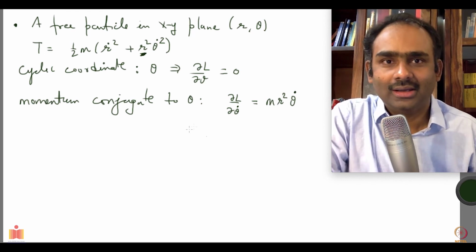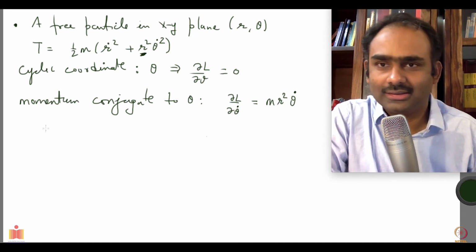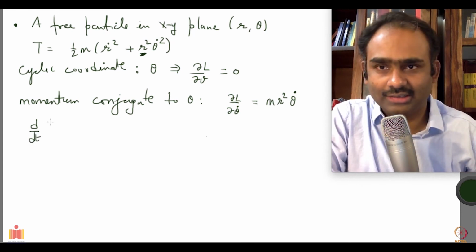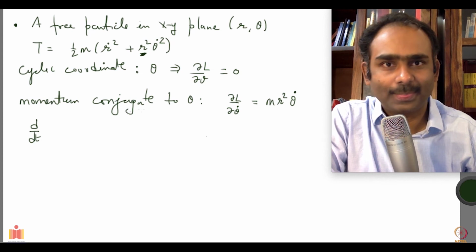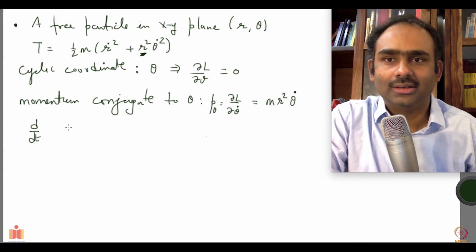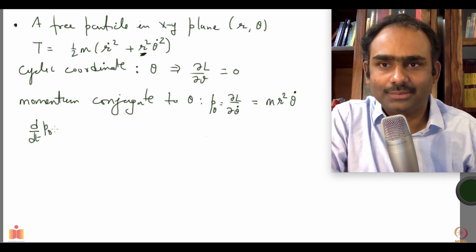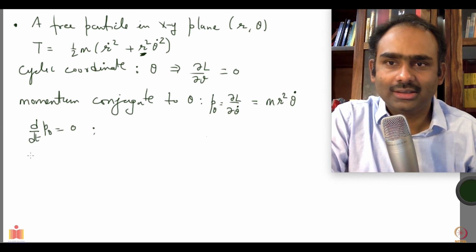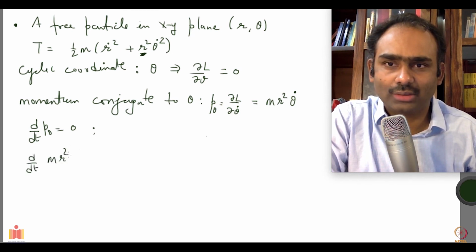And this is a constant because of your Euler-Lagrange equation. Calling it p theta, d p theta over dt is 0, or d over dt of m r square theta dot is equal to 0.